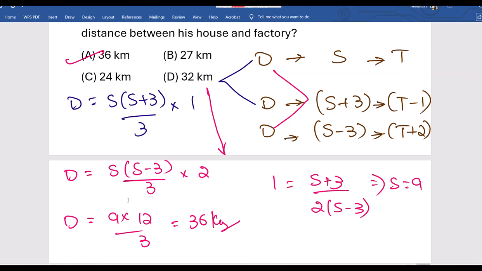Shall I go to the next question, or do you need another approach? Another approach: T1, T2, T3, we can put it that way also. Fine, listen. Now I'll give another approach. Are the timings in arithmetic progression? The speeds are S minus 3, S, S plus 3. Speed and time are inversely proportional.